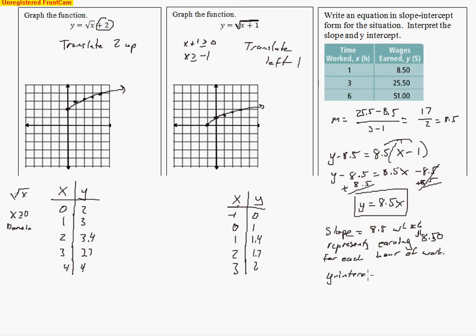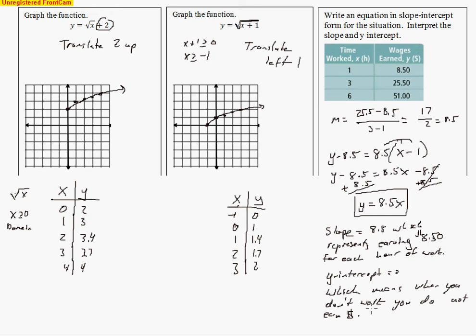And then the next one is the y-intercept. The y-intercept is 0 in this case. Which means when you don't work, when you have no hours worked, you do not earn money. Another way to think of that is that you don't have a starting bonus.